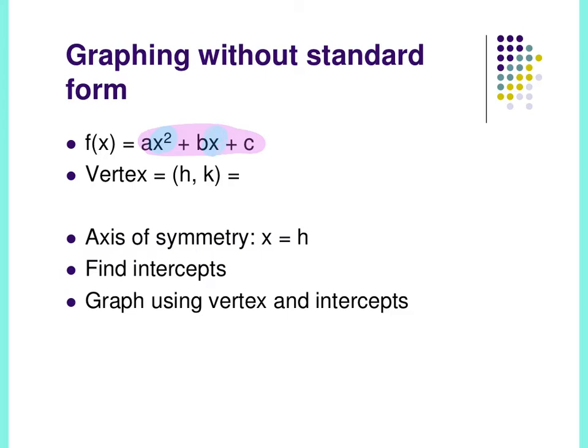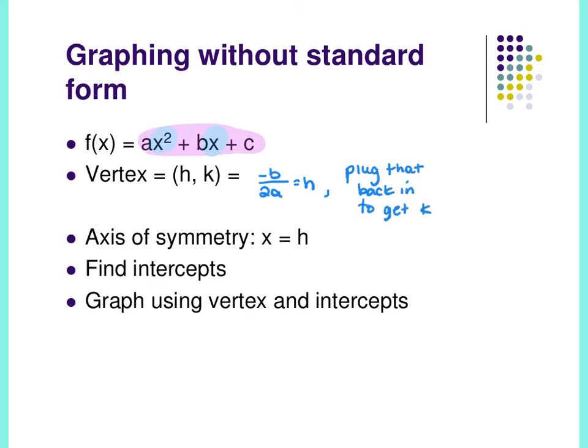When it is like that, your other option is to find the vertex by doing negative b over 2a, and that's your h. Then plug that back in to get the k.